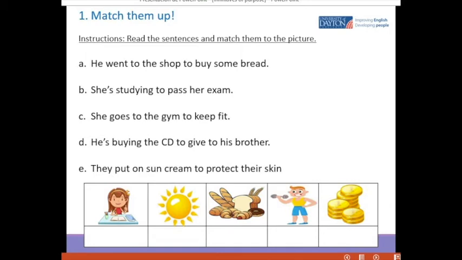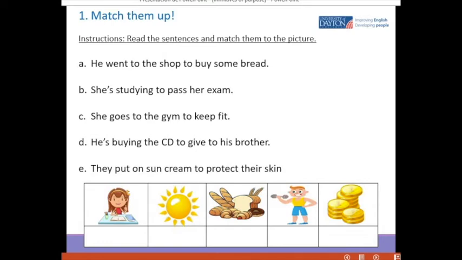Okay? Next, he's buying the CD to give to his brother. And finally, they put on sun cream to protect their skin.